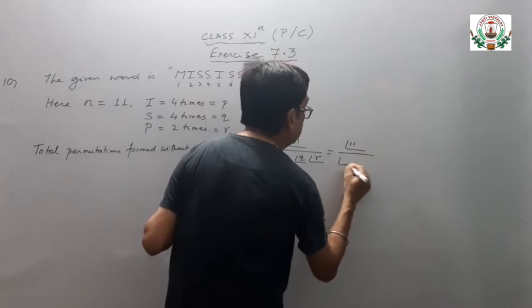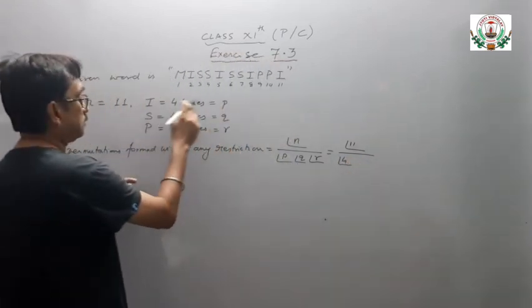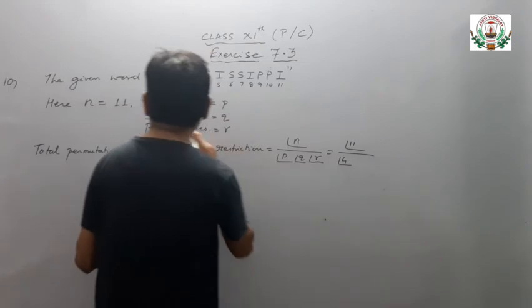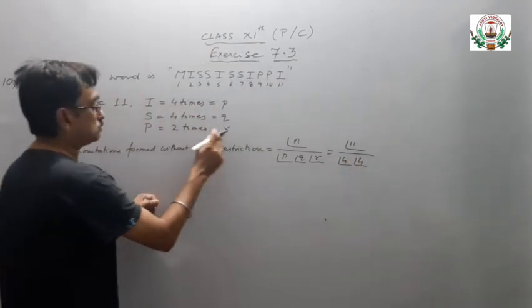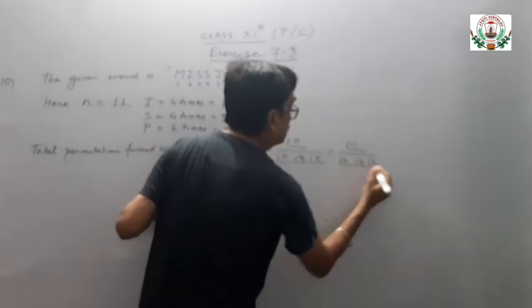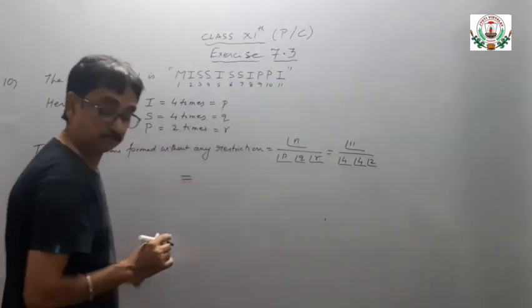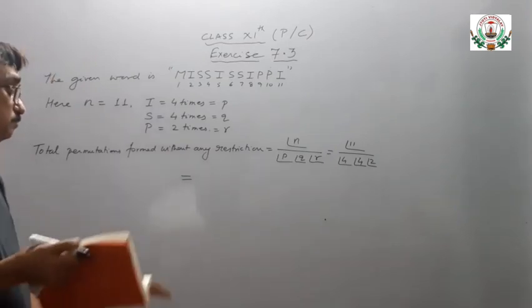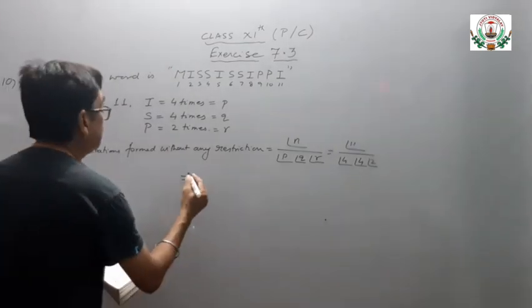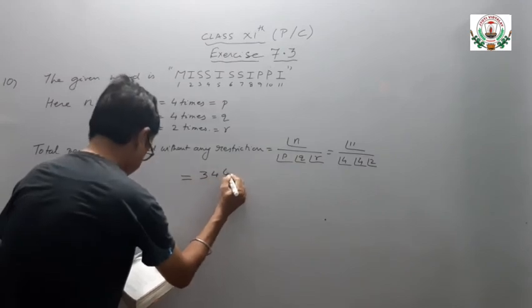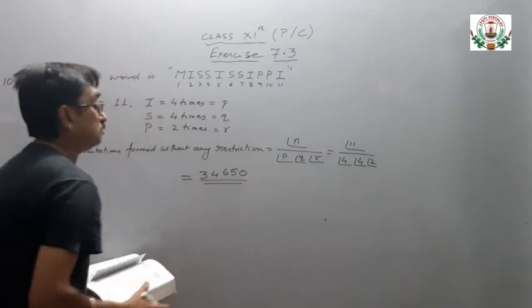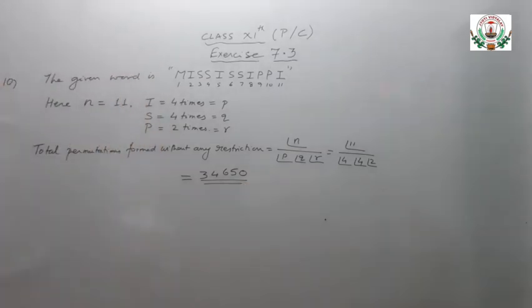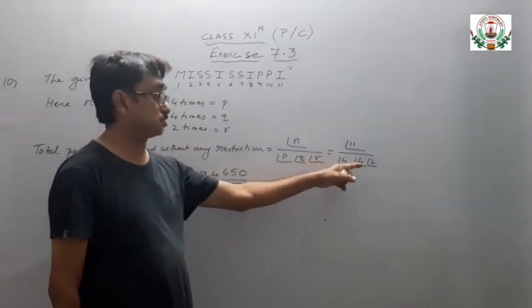Now I substitute the values: factorial 11 upon factorial 4 for I, factorial 4 for S, and factorial 2 for P. After simplification, I get 34650. This is the total number of permutations formed without any restriction.